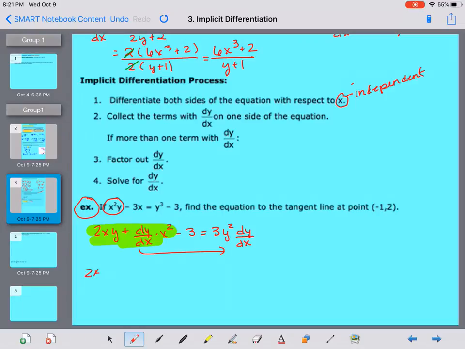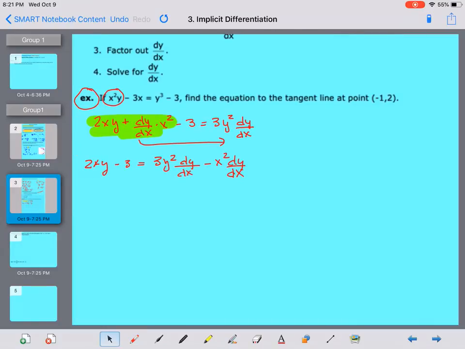So I'll get 2xy minus 3 equals 3y squared dy dx minus, I'm going to just put the x squared in front. Okay, I get that. Factoring out, not 3.